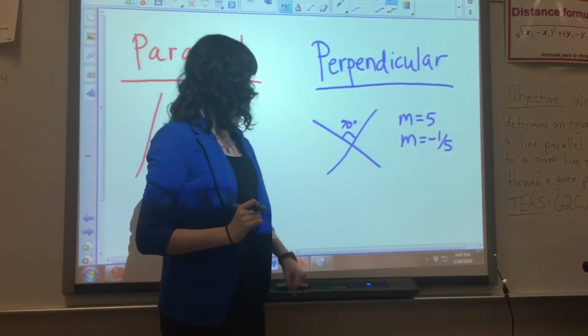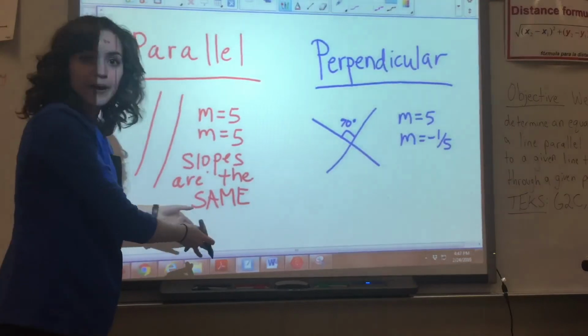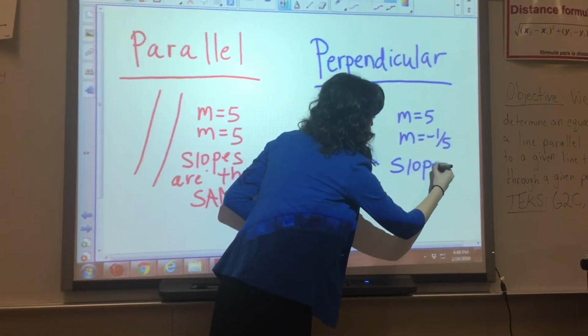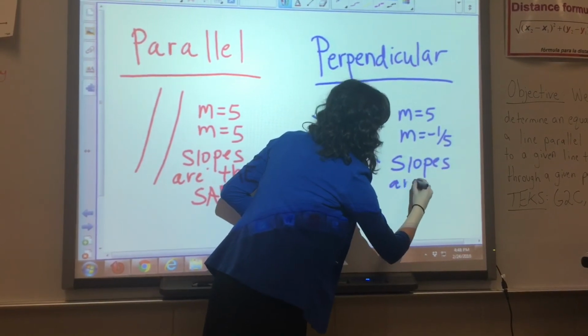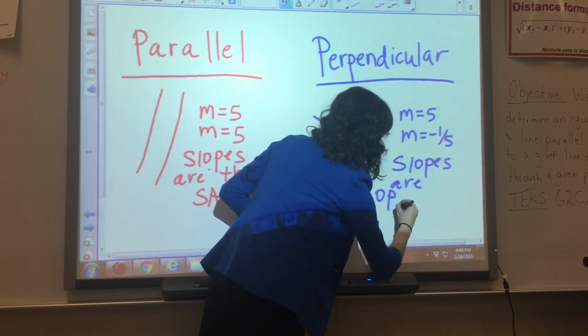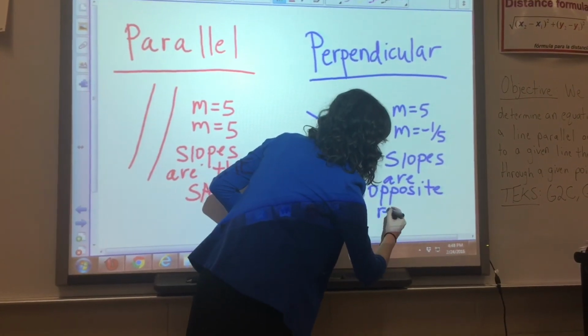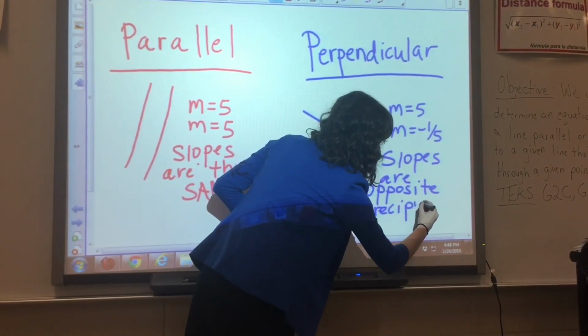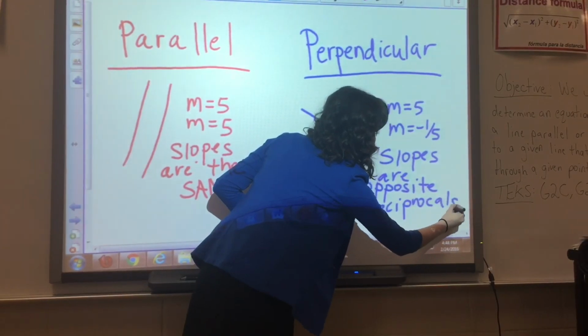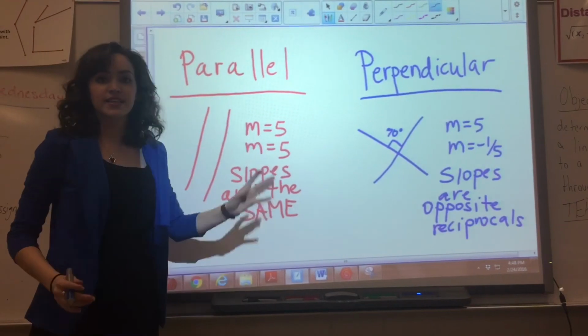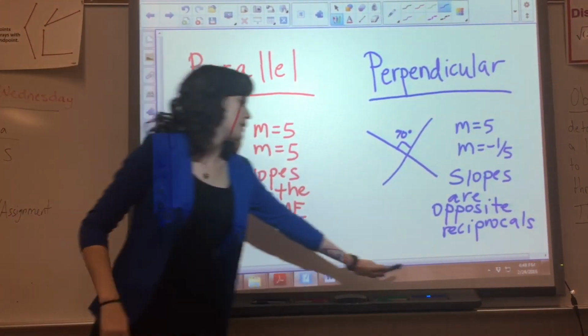So our conjecture here is, for parallel, slopes are the same, and here, slopes are opposite reciprocals. So this is what the lesson was about, parallel and perpendicular lines and how their slopes create a pattern.